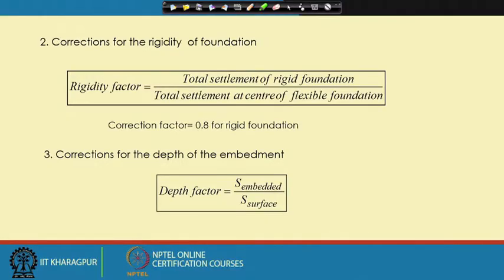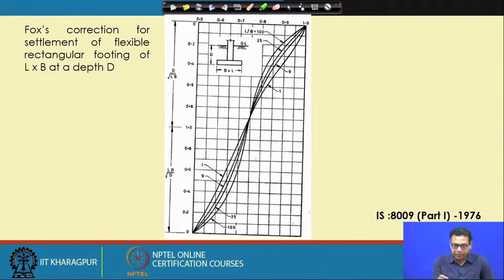So, that rigidity effect we have to consider. And then the depth factor, we can also get from this chart. This chart is given in IS 8009 part 1, 1976. How will we use this chart? These corrections are called the Fox corrections for the settlement.